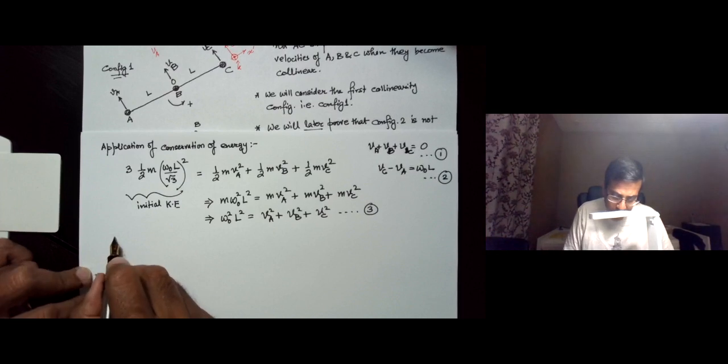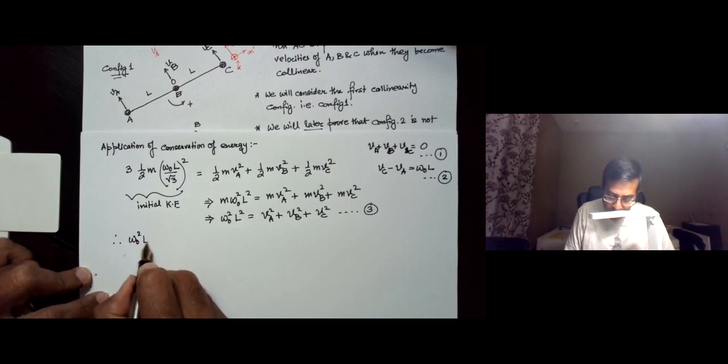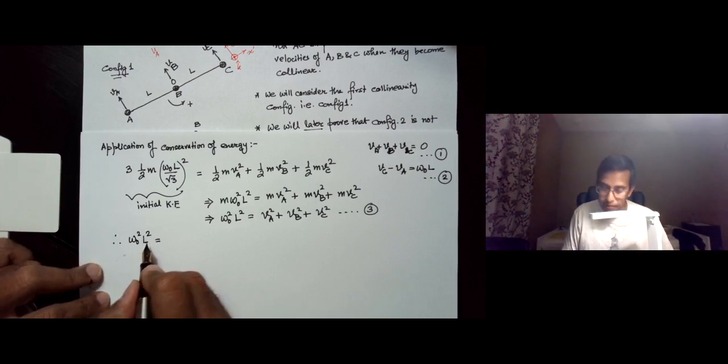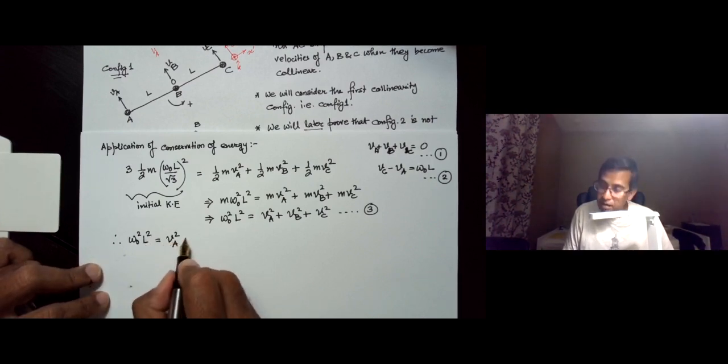So now we can write omega naught squared L squared is equal to Va squared plus Vb squared plus Vc squared.